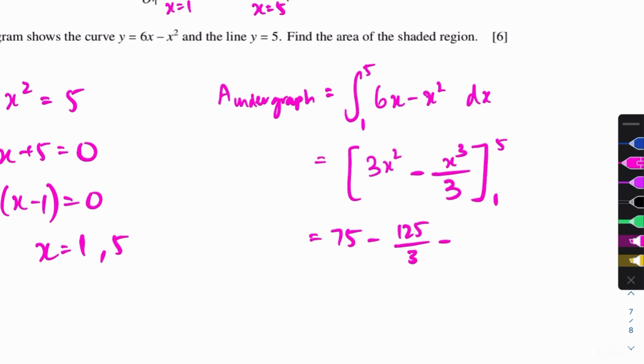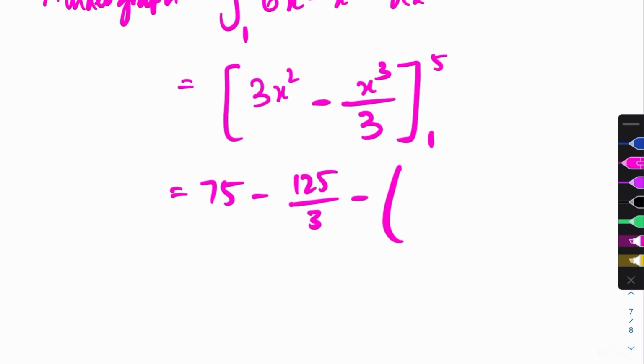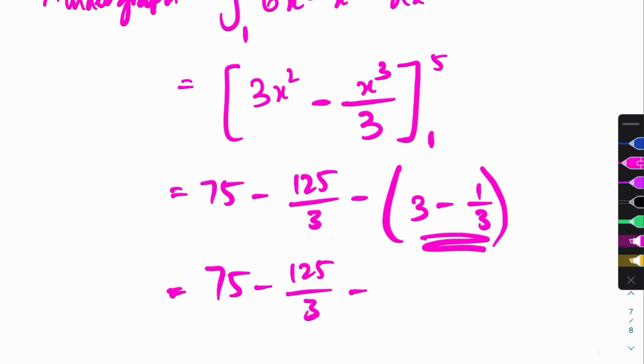Then minus, and I'm going to put a bracket because you always have to subtract the lower limit. Now we substitute the 1 in. That's going to be 3 minus 1 over 3. So 75 minus 125 over 3 minus 3 take away 1 over 3 is going to be 2 2/3, so 2 over 3, but we can change that to make it 8 over 3.